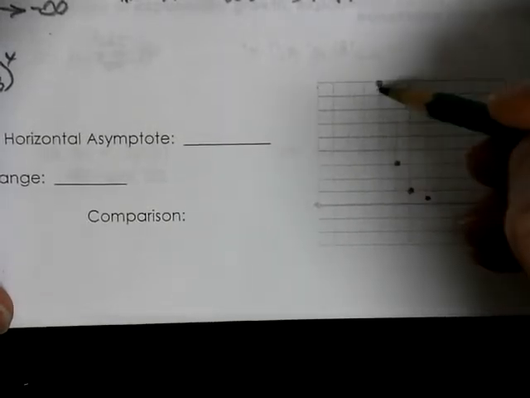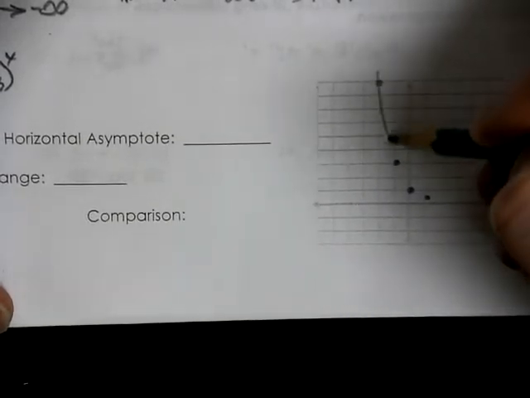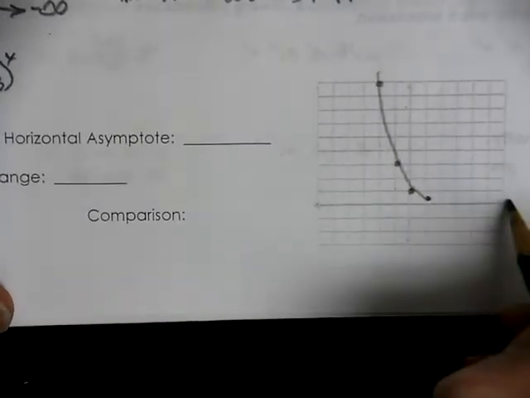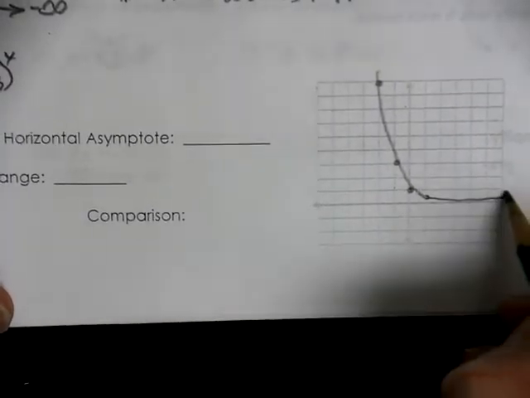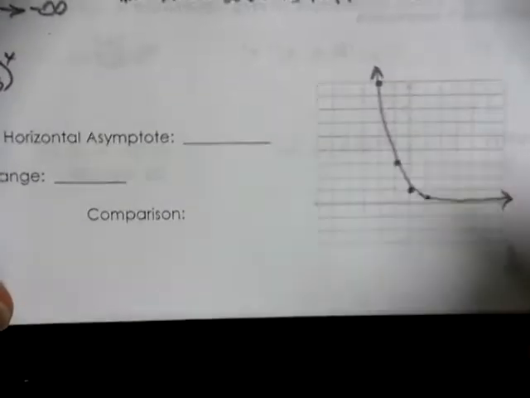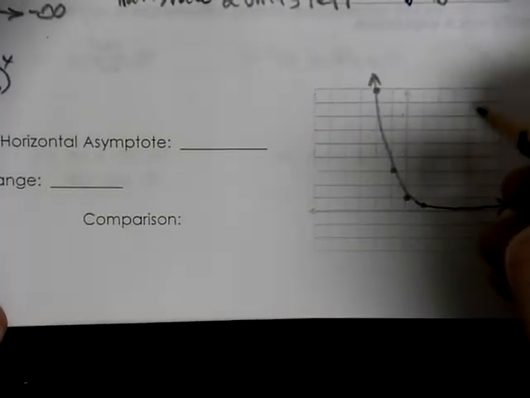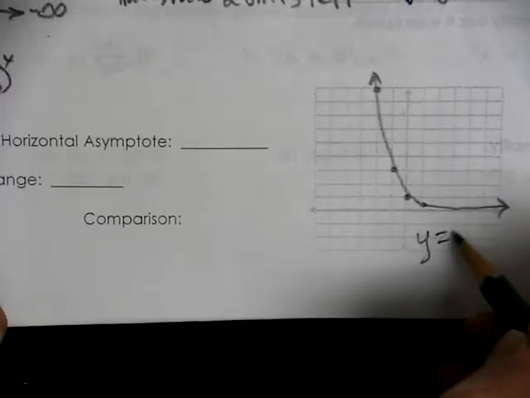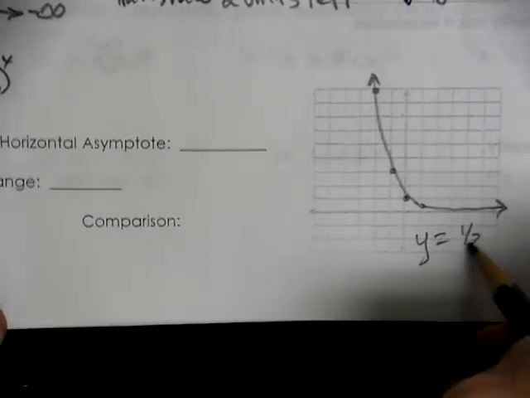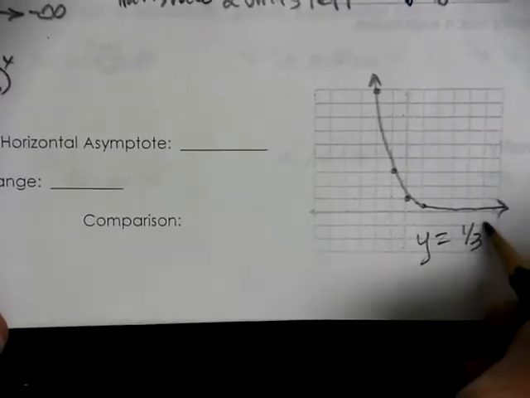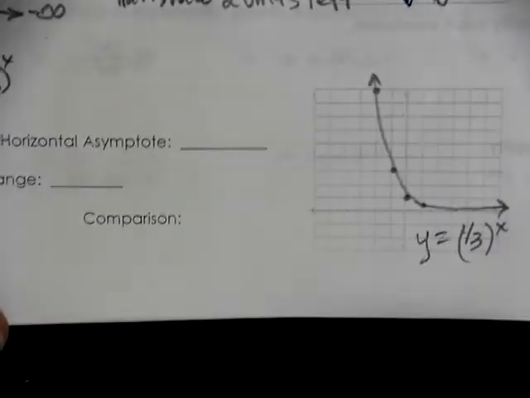At -2, you'd be up at 9. I like to graph those if they fit, just so I am following as accurately as I can. So this is going to be the graph y equals 1/3 to the x power.